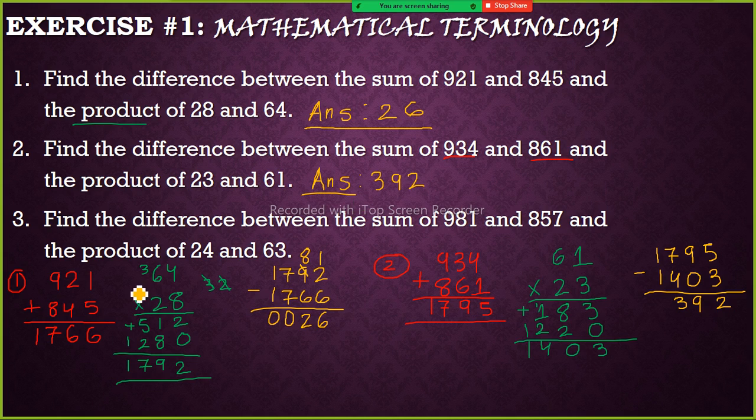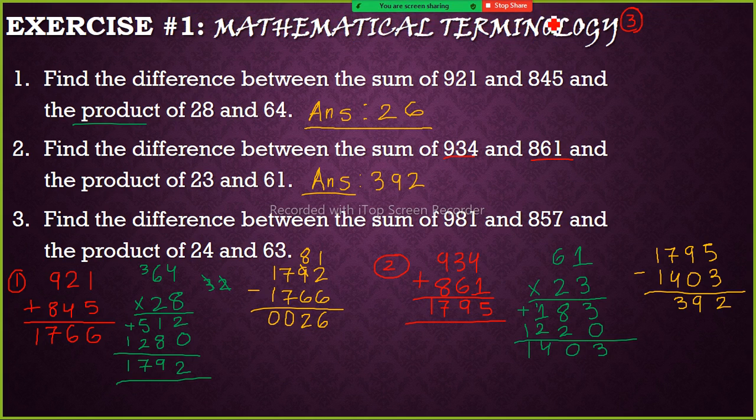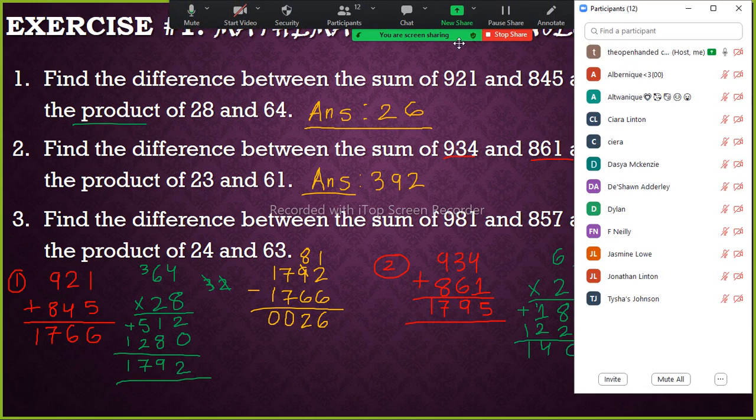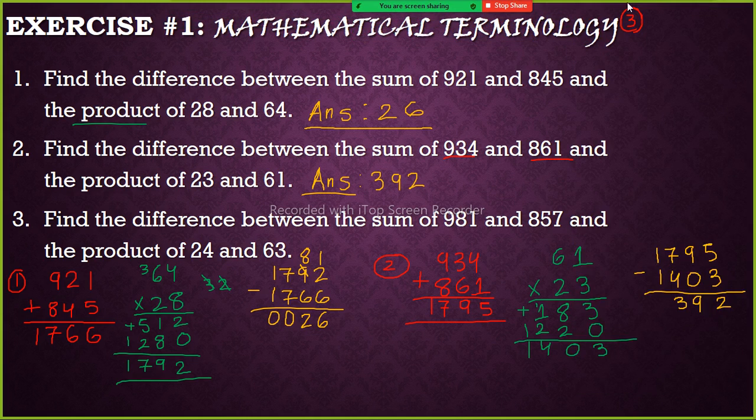All right, so the last one will be number 3. And do it in the corner here. For number 3, first thing we need to do is we need to add, right?